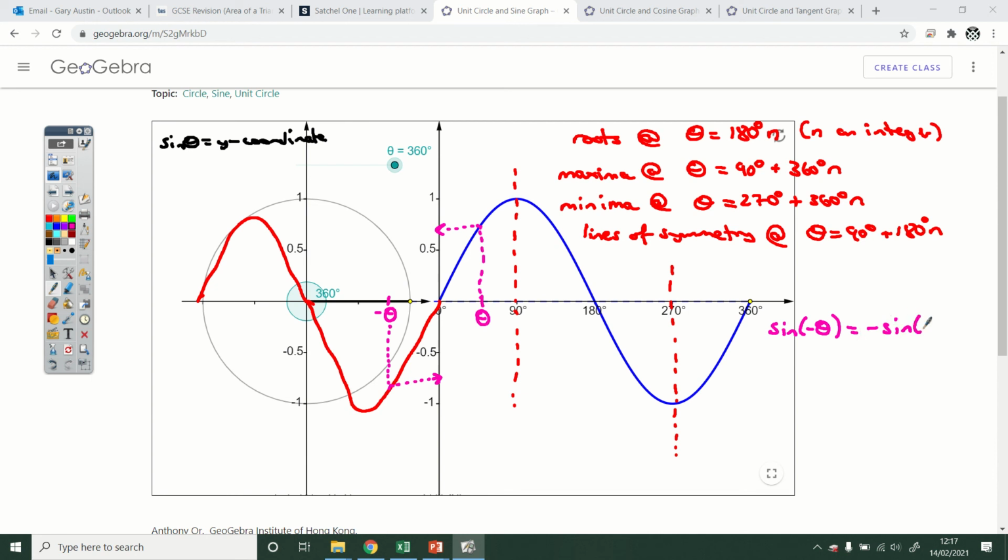So that's how we can write this property. In other words, you can effectively factor out, in quotes, a minus sign from the argument in here. And what this means is that the sine function is what we call an odd function. Any function at all that has this property of taking out the minus sign like this, with this idea of reflecting across and then reflecting down as well, is called an odd function.